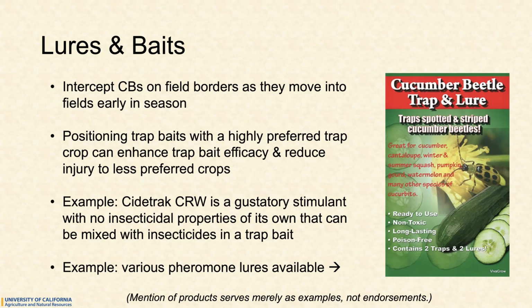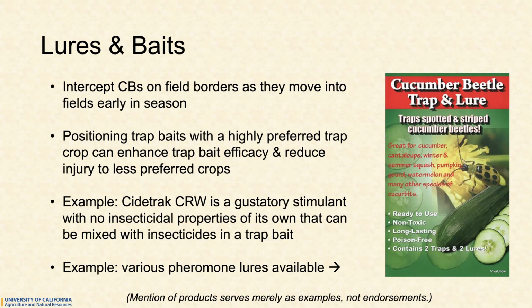Okay, another topic to cover is lures and baits. These intercept cucumber beetles on field borders as they move into the fields early season. You might want to position these trap baits with a highly preferred trap crop, for instance. That can enhance trap bait efficacy and reduce injury to those less preferred crops.